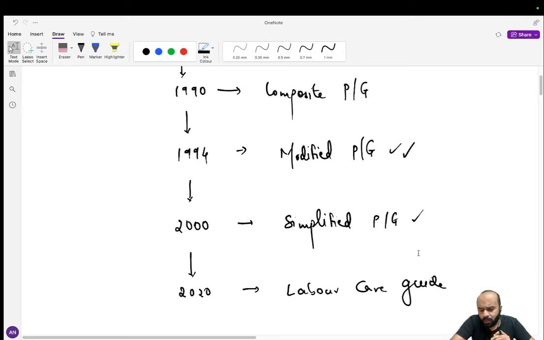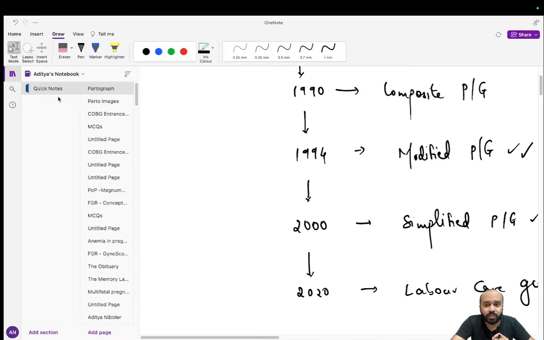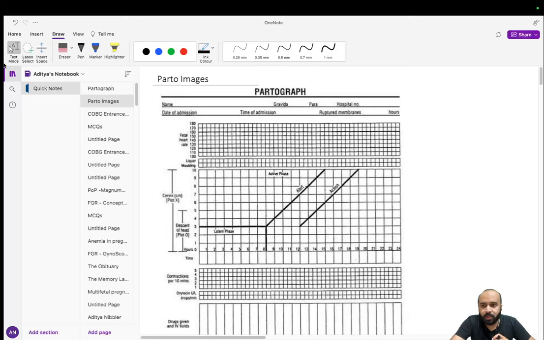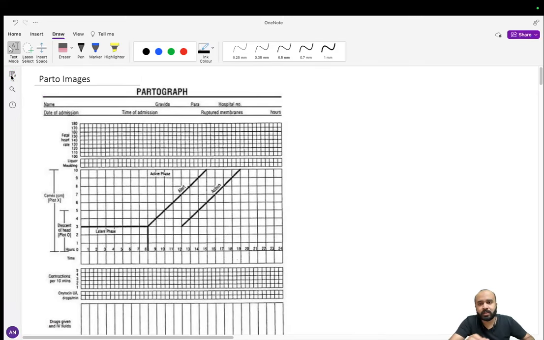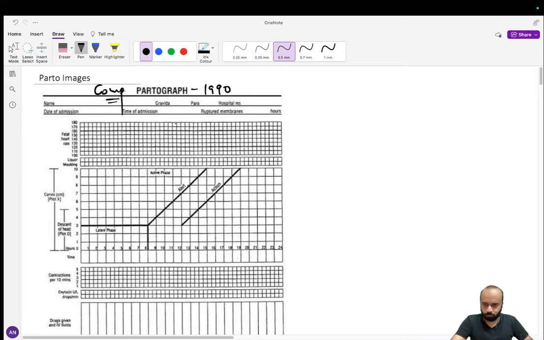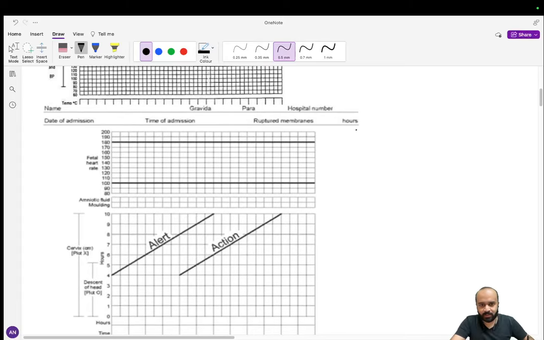First of all, I would like to show you the images before coming back to them to describe what the changes were. So the images, this first of all is the composite partograph that was released in the year 1990. Then this was the modified partograph. I'll come back to explaining after a while, but before that, let me just show you.